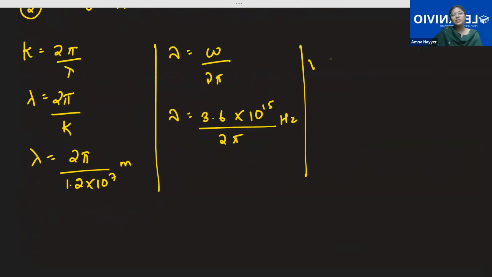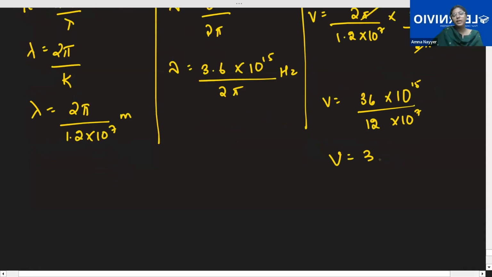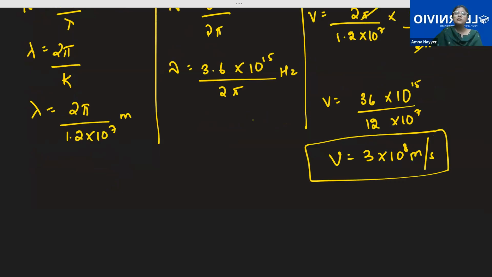So speed will basically be the product of these two: 2 pi by 1.2 into 10 to the power 7 into 3.6 into 10 to the power 15 by 2 pi. 2 pi will be cancelled. Speed will be 36 into 10 to the power 15 by 12 into 10 to the power 7. This is 3 into 10 to the power 8 meter per second, which is actually the speed of light. But that's a coincidence, any value can come.